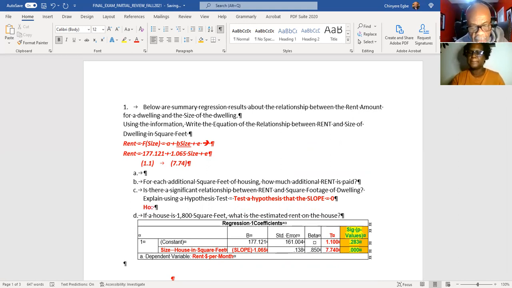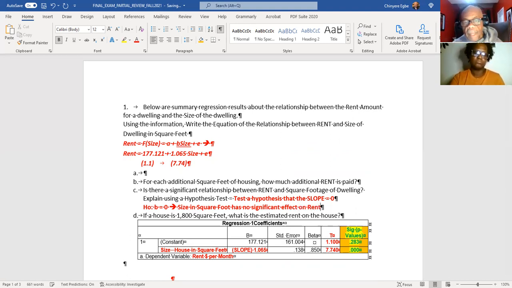The null hypothesis is that B is equal to 0, which means that size in square foot has no significant effect on rent.